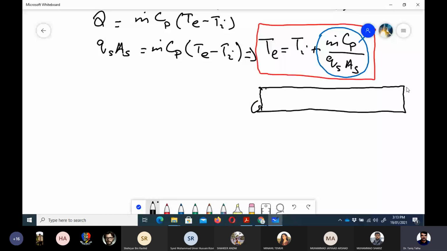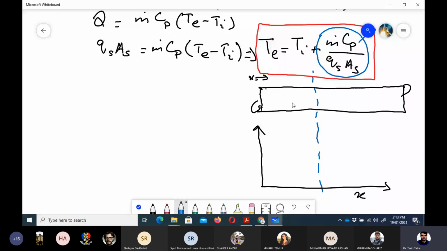So now I am drawing the temperature distribution as a function of x. X is the distance from the leading edge. X goes from here. So there would be some portion which would have the entrance region. So here we have got LT, and then we would have fully developed flow here.